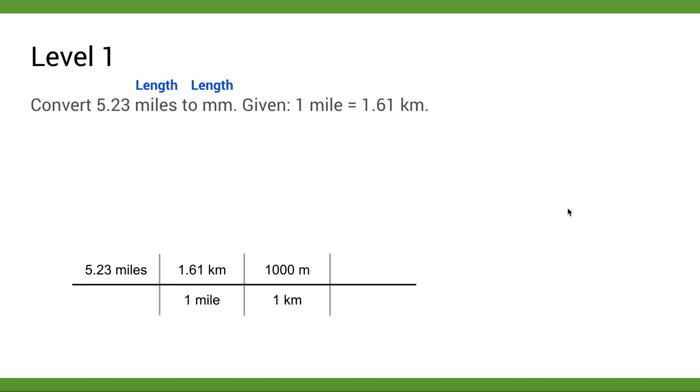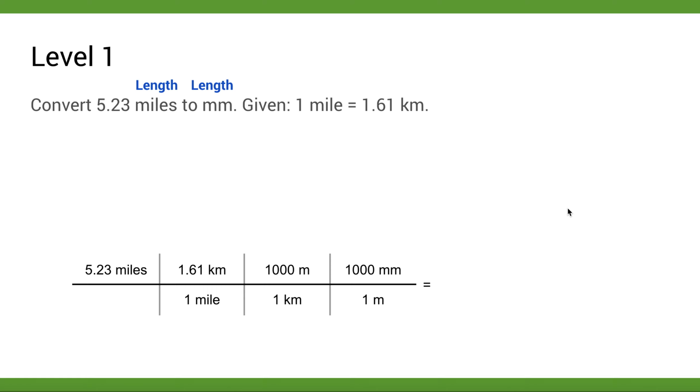Again, we put the kilometers in the bottom and the meters on top. Since 1 kilometer is equal to 1,000 meters, we put it this way. And last but not least, we have meters to millimeters. 1 meter is equivalent to 1,000 millimeters. So this is how we set it up.